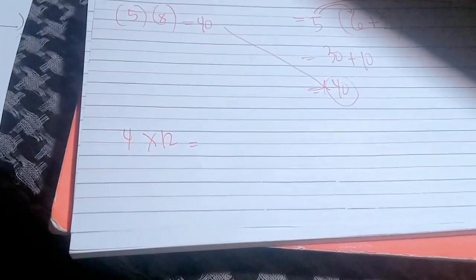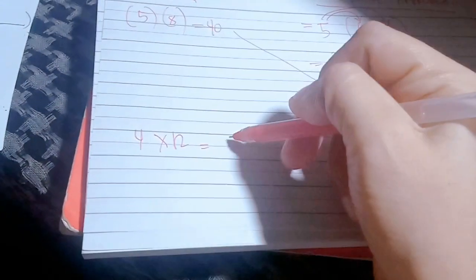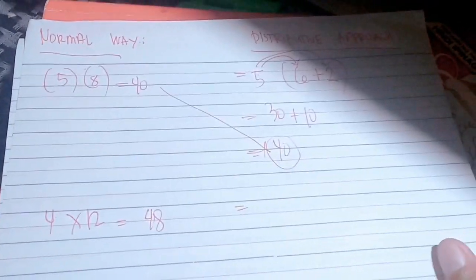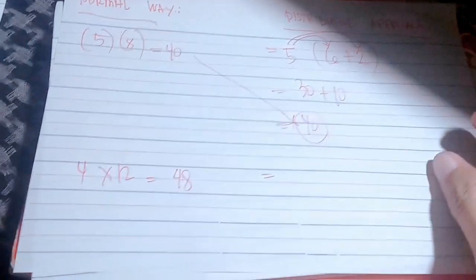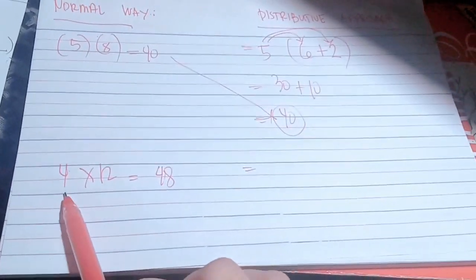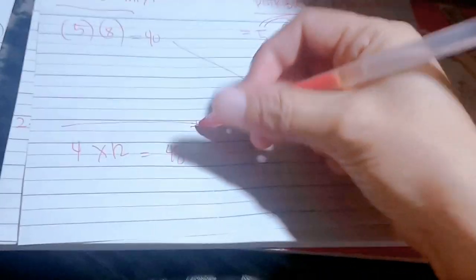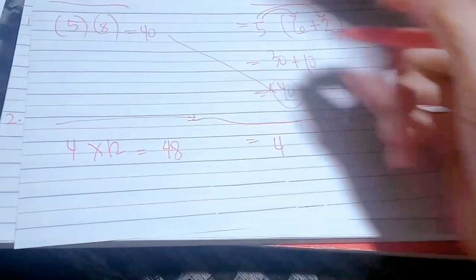So, another example, 4 times 12. So, 4 times 12 is 48. So, paano naman natin ito gawin into distributive approach? So, itong 4 ay isusulat natin ito una. So, 4.